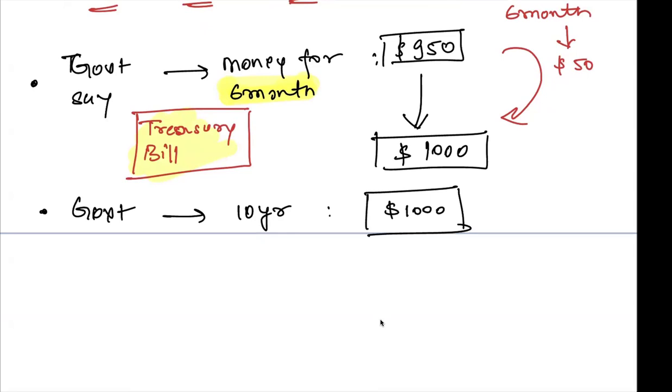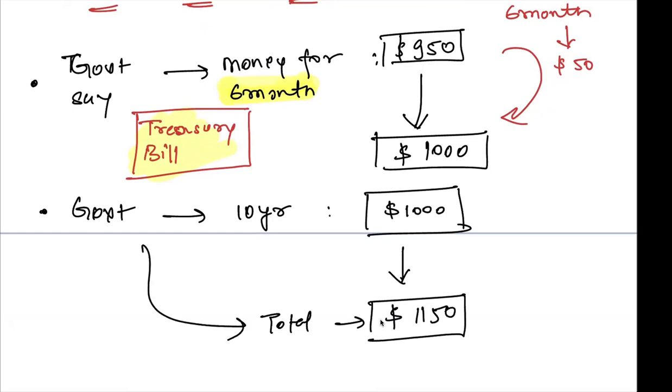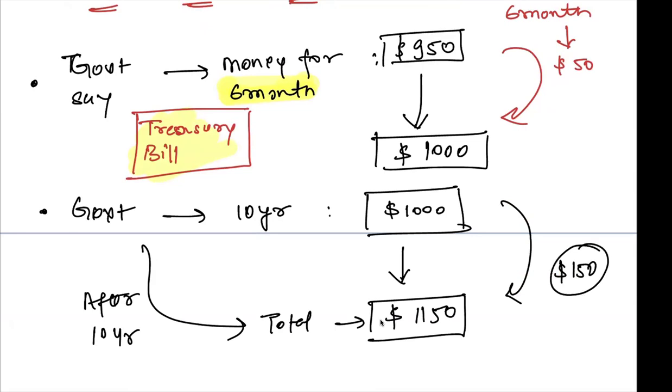So you would say, after 10 years, I want a total of $1,150. So how much money have you earned? $150, right? This is nothing but your fixed income. You know that this is the money that you will get. Is this clear? Did you understand why we call this fixed income?